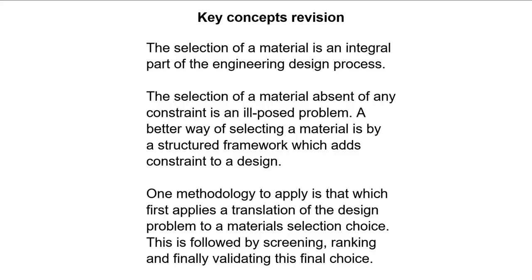And these are balanced against the functional requirements and the free variables. We've also seen how this exercise generates a materials performance index, and had a cursory glance at how this index is employed to select a material. This is an aspect that we will cover in much greater detail in the second half.